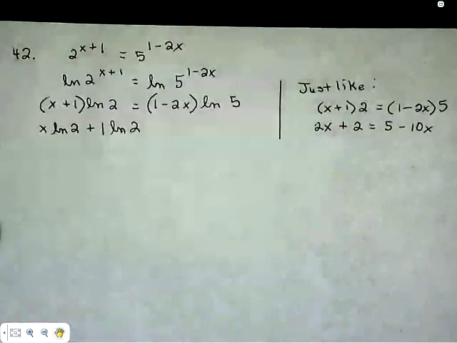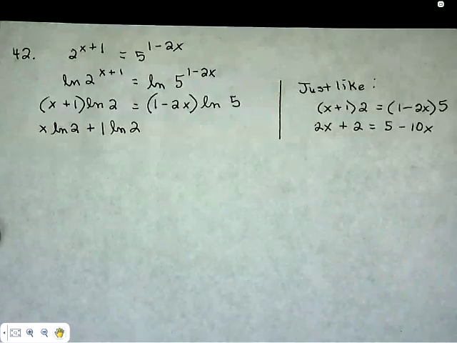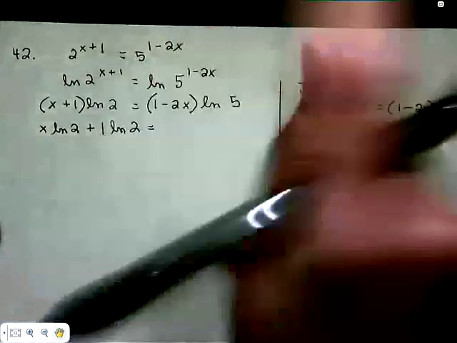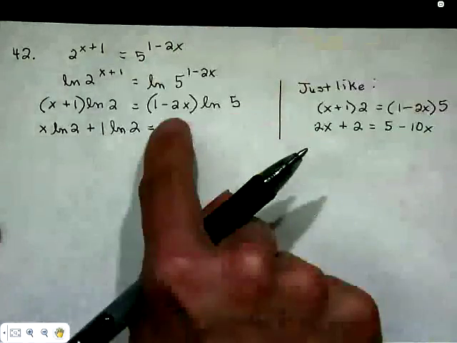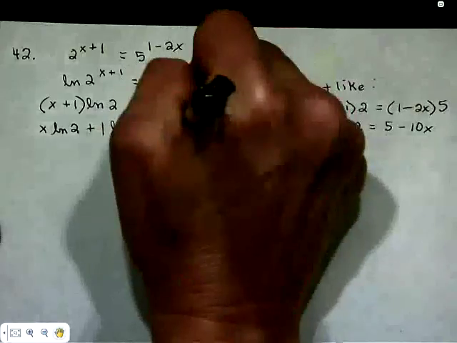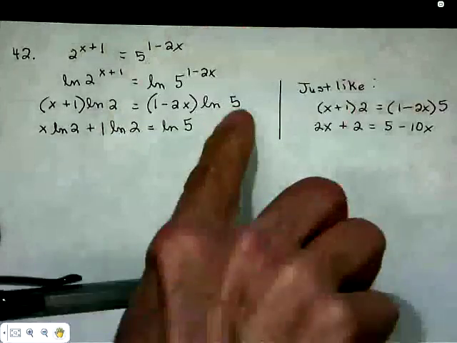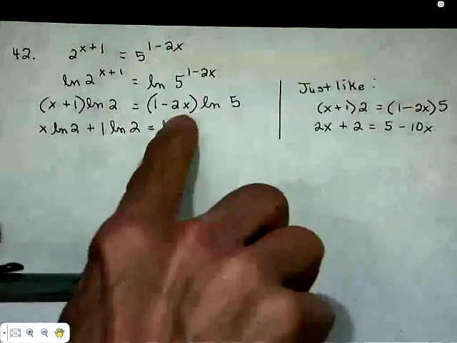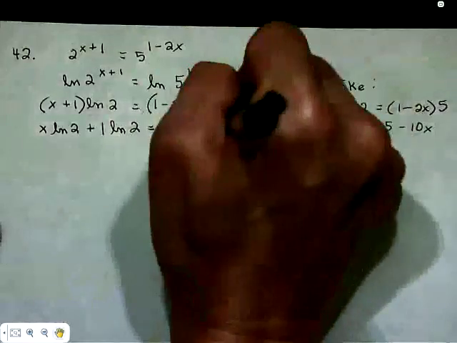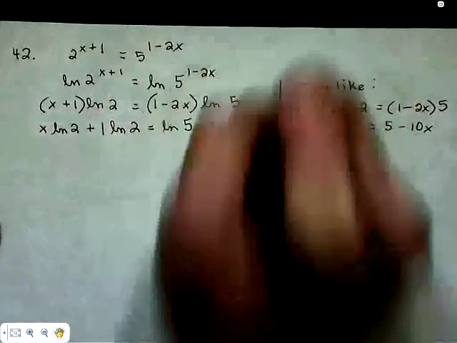If it helps me, I could still put the 1 in front. I don't have to, but I can. And on the right-hand side, natural log of 5 times 1 is just natural log of 5, and natural log of 5 times negative 2x is negative 2x natural log of 5.